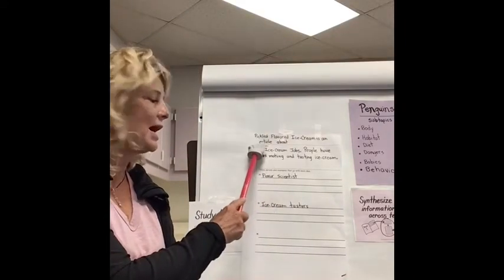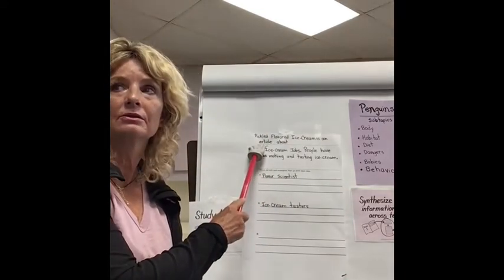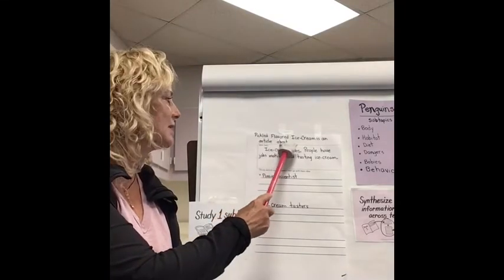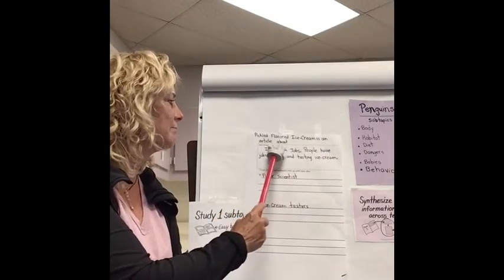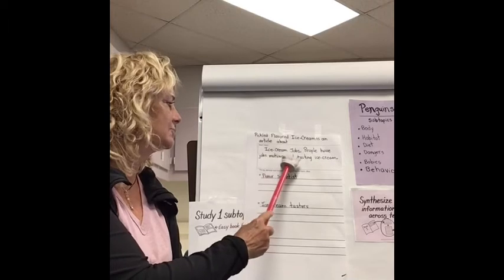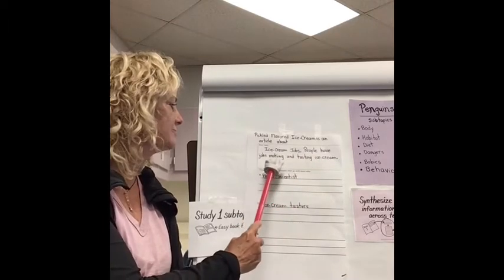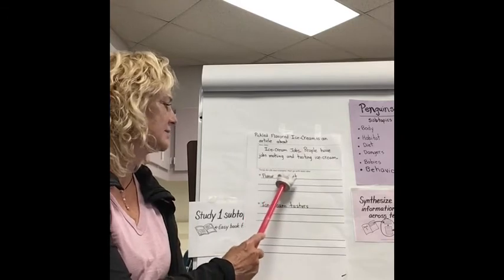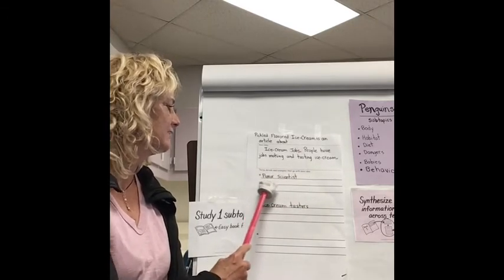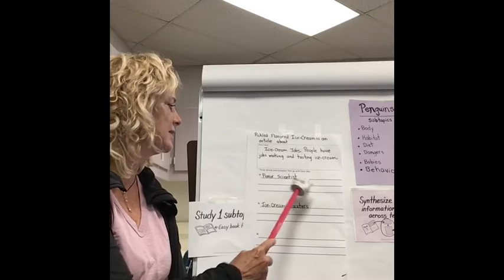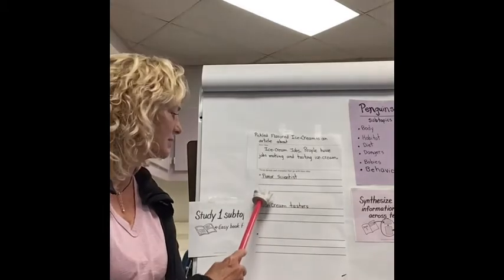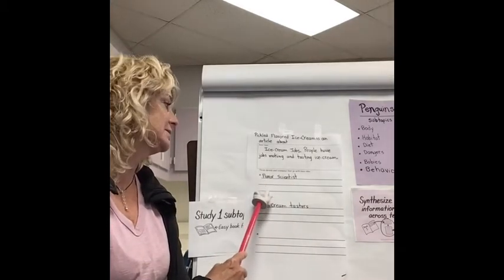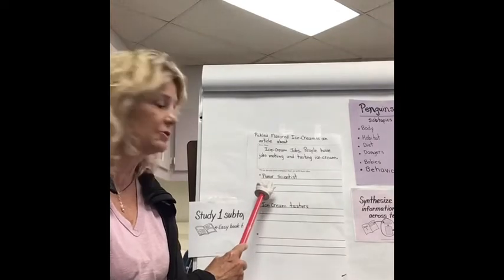So I would start my summary with: Pickled Flavored Ice Cream is an article about ice cream jobs. People have jobs making and tasting ice cream. Then 3 details and examples that go with this. Flavor scientists have, and then boys and girls, you need to give me 2 or 3 details about flavor scientists, just short ones.